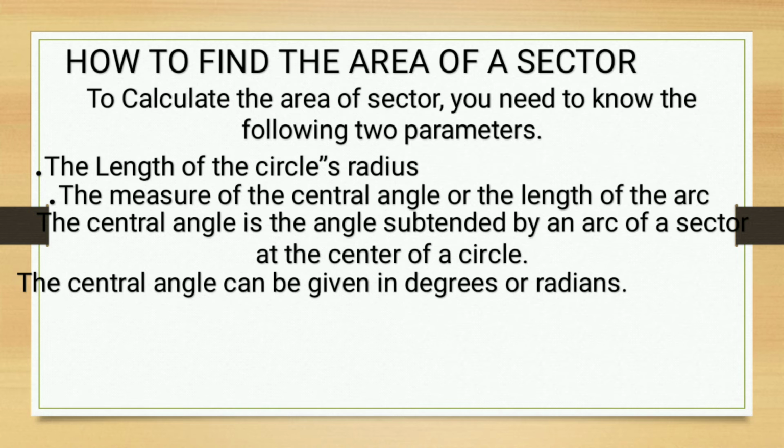How to find the area of a sector. To calculate the area of a sector, you need to know the following two parameters: the length of the circle's radius, and the measure of the central angle or the length of the arc. The central angle, the angle subtended by an arc of a sector at the center of a circle, can be given in degrees or radians.